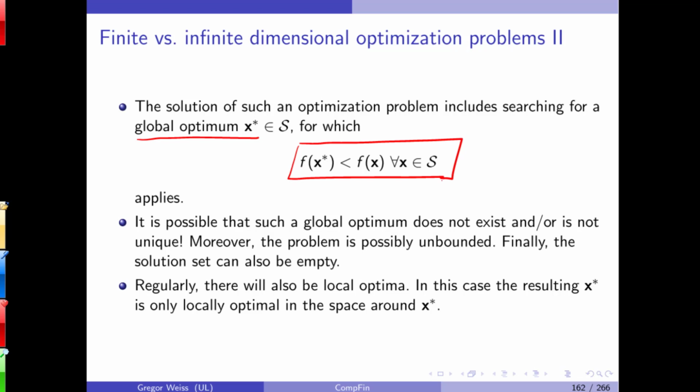Now, it might be that this is a global minimum. It might be that the problem is unbounded, meaning that it goes down to minus infinity. It could also be that the solution set is completely empty, that we do not have any solution. And regularly, it might also happen that we have the case we've already seen in one dimension, that we have one local minimum here, one local minimum here, a global minimum here, and our optimization runs into a local minimum.